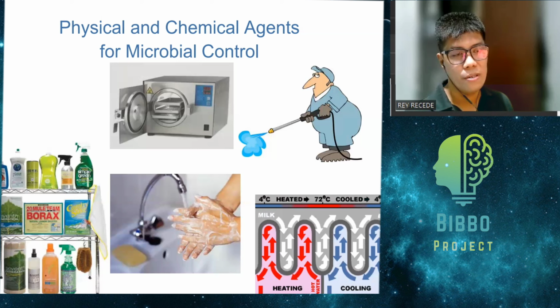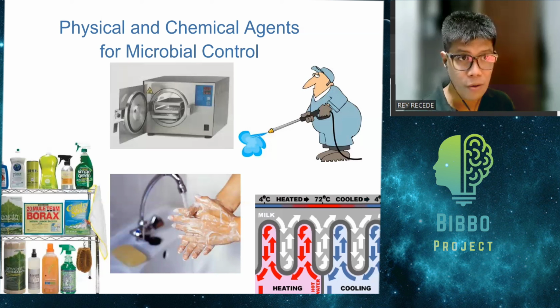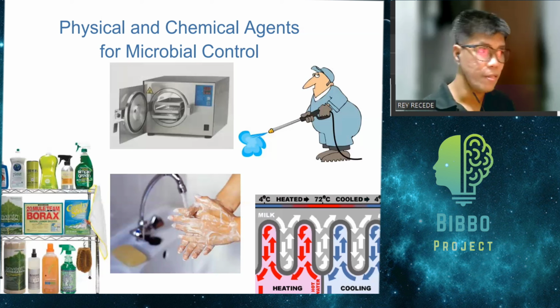Now, sa environment, ganun din. If bacteria or other microorganisms that we have discussed so far are going to increase in their population and transfer to places and afflict people, that is going to cause a disease.